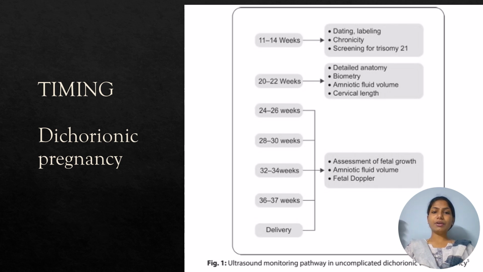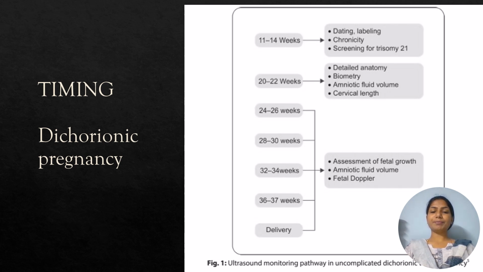In twins, we do not go for an amniotic fluid index, but instead we go for a single deepest vertical pocket. So in each sac, what is the single deepest vertical pocket? It should be between 2 to 8 centimeters. If it is less than 2 centimeters, it is said to be oligohydramnios, and if it is more than 8 centimeters, we diagnose polyhydramnios.